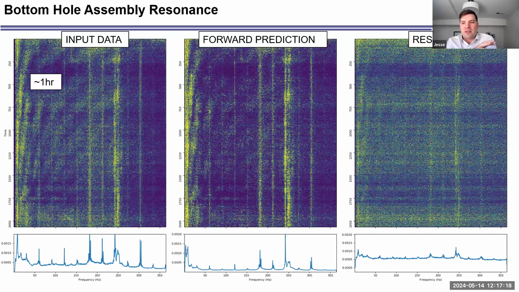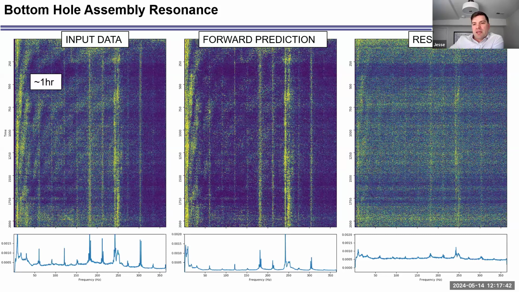But basically what we're going to do with this raw input data is apply this family of filters that try to predict, based on past data, what is about to happen in the future. In general, it's difficult to predict the future. The only way we're able to do it here is if there's a repeated response from the BHA.